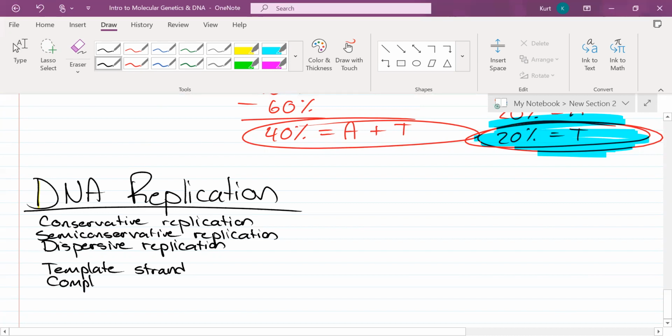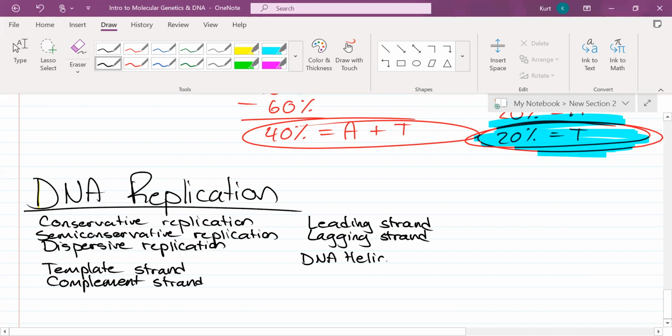Complement strand. Leading strand. Lagging strand. DNA helicase. RNA primase.